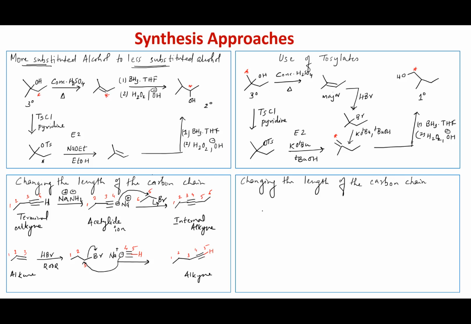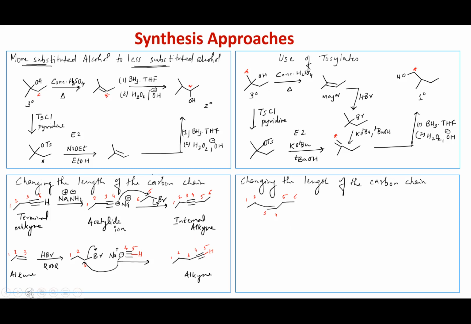Okay, so let's say we have a molecule where we have a double bond, or it's an alkene, and this is a 6-carbon alkene. So we have 1, 2, 3, 4, 5, and 6.